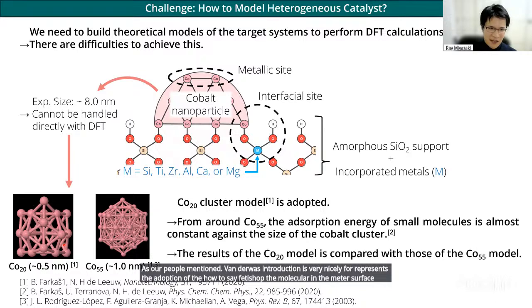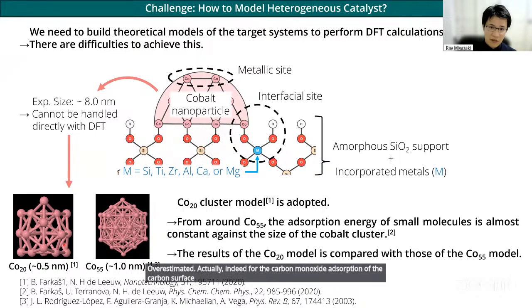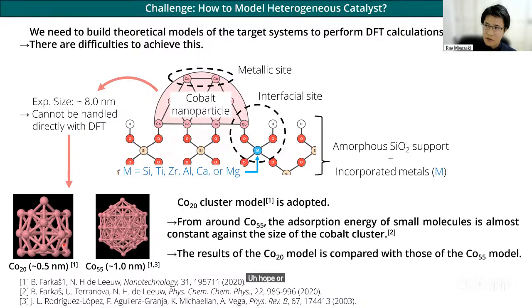But if we directly use the van der Waals correction for chemisorbed structures, the adsorption energy of a small molecule is largely overestimated. Indeed, for carbon monoxide adsorption on the cobalt surface, the adsorption energy is largely deviated from the experimental result if I put in the van der Waals correction.